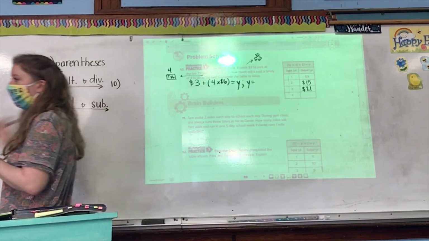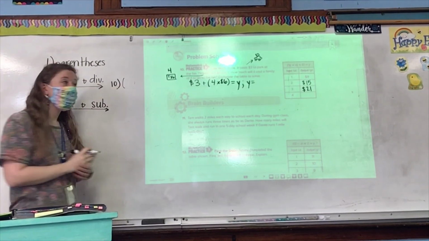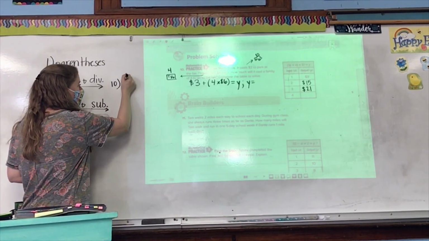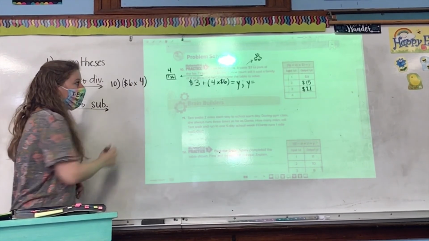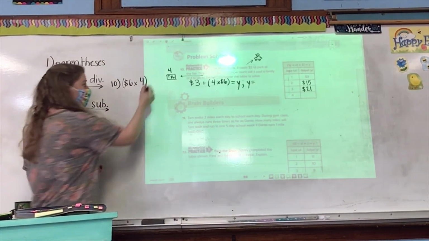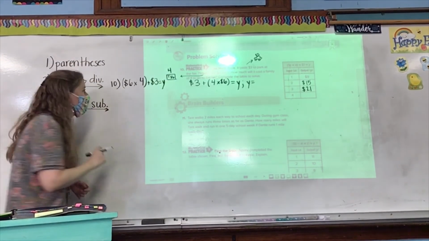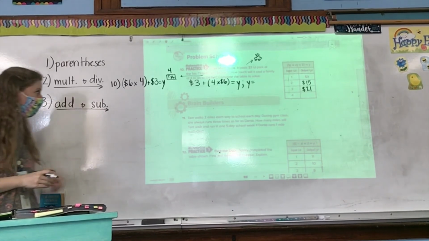We're replacing that x with the 4 people. $6 times 4 plus $3 equals y.